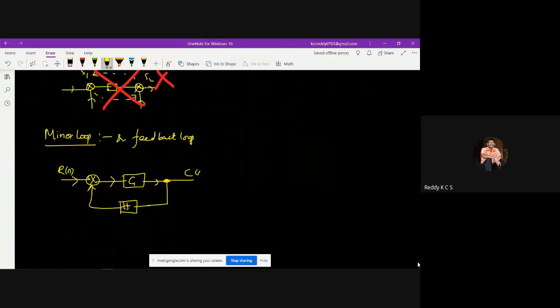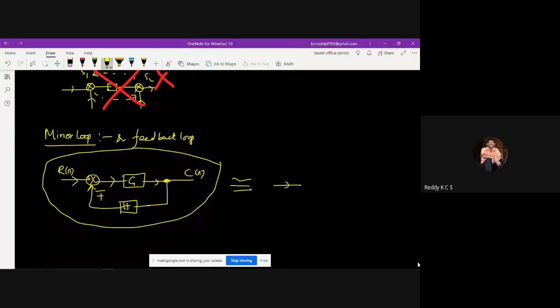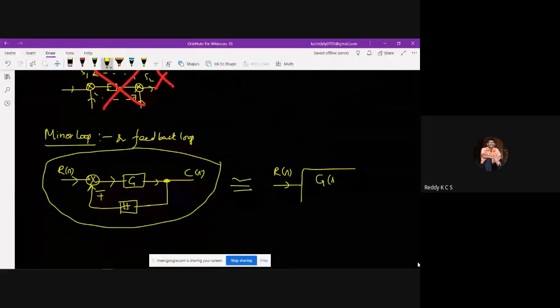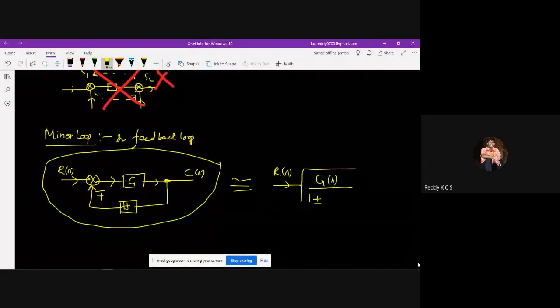The R of S and C of S, say it is minus or plus. This whole block diagram can be equal to what you have derived in the beginning of the class: G of S by 1 plus or minus G of S into H of S.